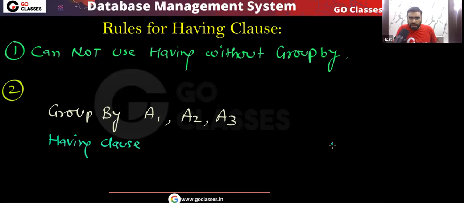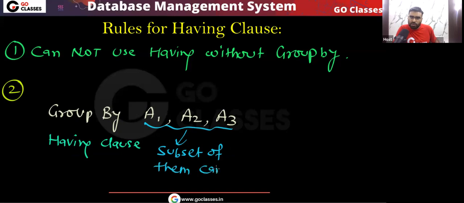Now, remember, aggregation you can do on any attribute. So in the having clause, a subset of them can be used unaggregated.